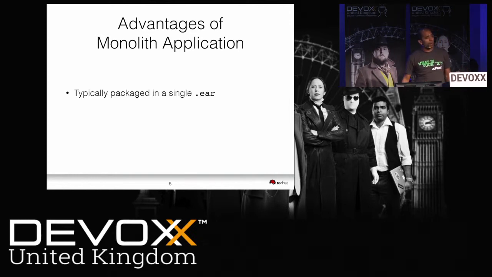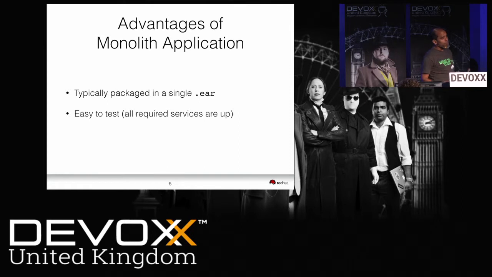So what are the advantages of a monolith application? We have been building them for many, many years now, typically packaged as a single EAR file, with all the functionality packaged into that one archive. What that means is, once that archive is deployed, in some cases it could take longer to deploy, but once it's deployed, everything that you need, order, user, shopping cart, all those services are up.